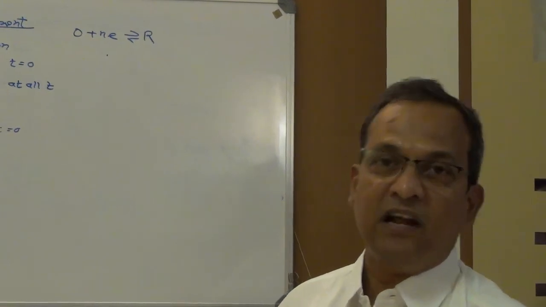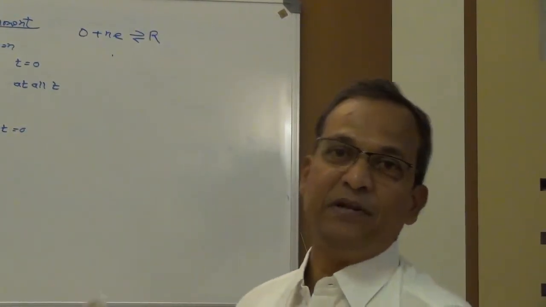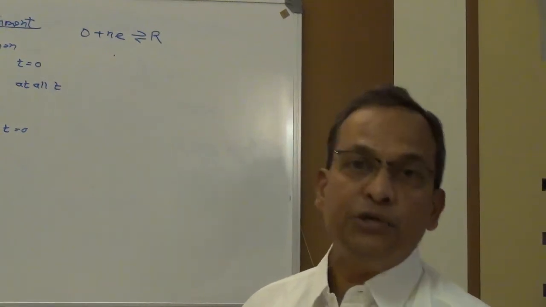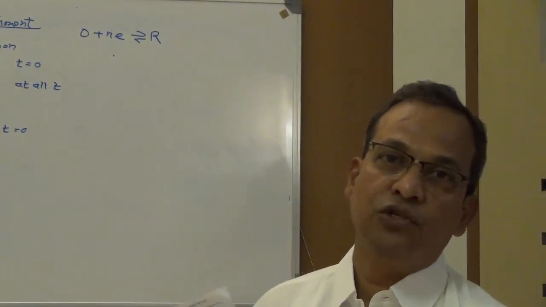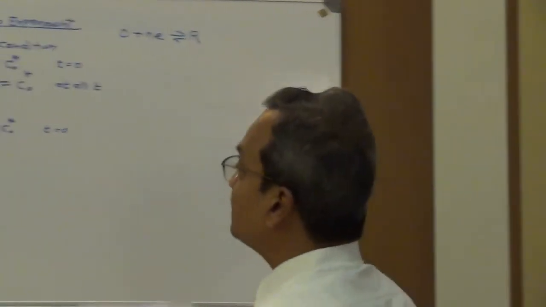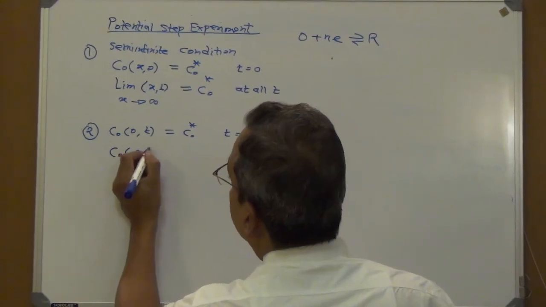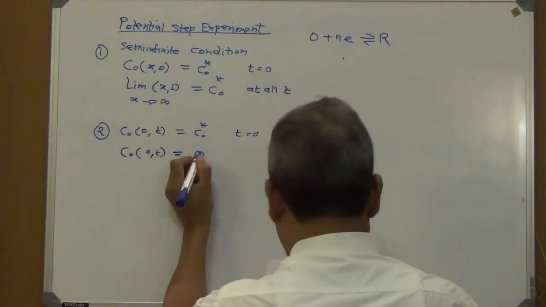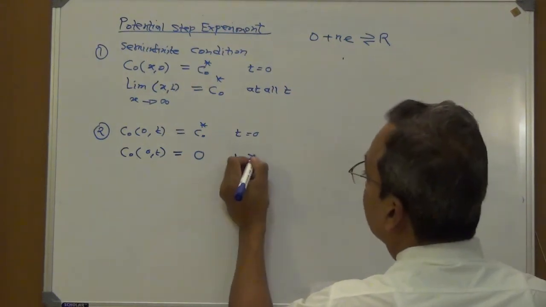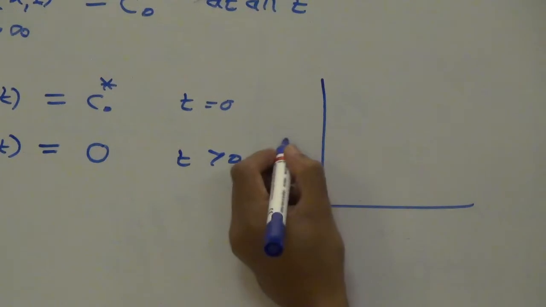But after applying the potential step, we already discussed the formation of the depletion layer, and due to it the concentration of species O falls to 0 near the interface. To express that, we have the condition that on the surface this is equal to 0 for t greater than 0. This is for the potential step.